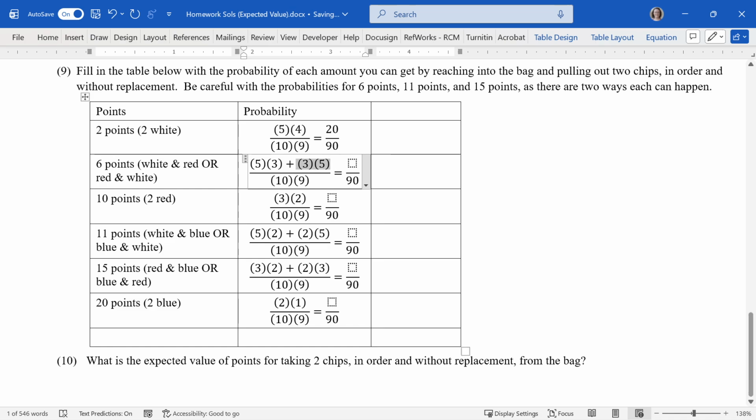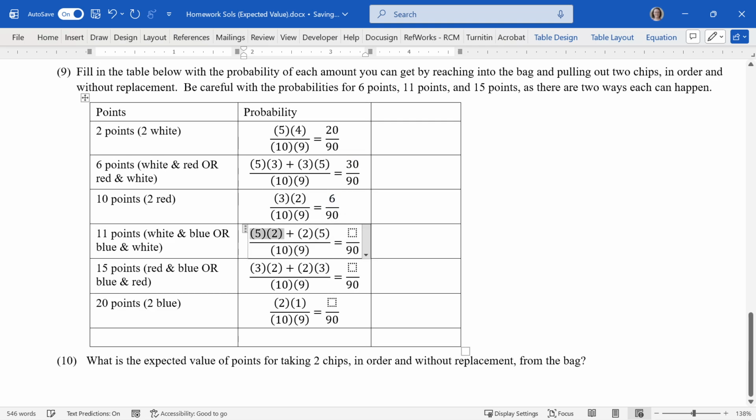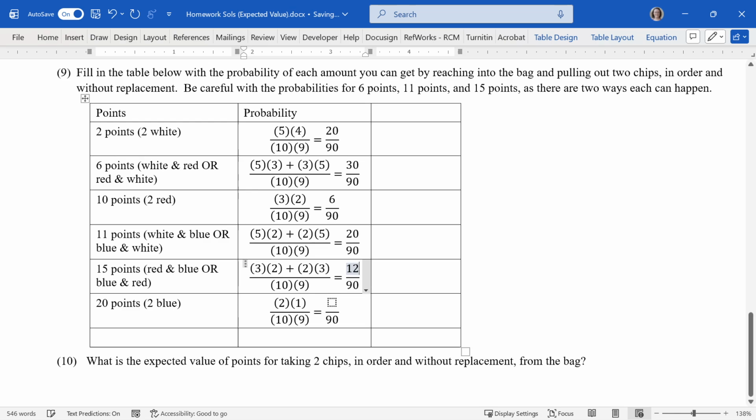This one is also 15, so this is 30. 15 plus 15. 3 times 2 is 6. 5 times 2 is 10, and another 10, so that's 20. 6 plus 6, that should be 12. And then this is 2. Now, if you want to check whether you did this right, 20 plus 30 plus 6 plus 20 plus 12 plus 2, that should all add up to 90. So let's see if it does. 20 plus 30 is 50, 56, 76, 88, 90.